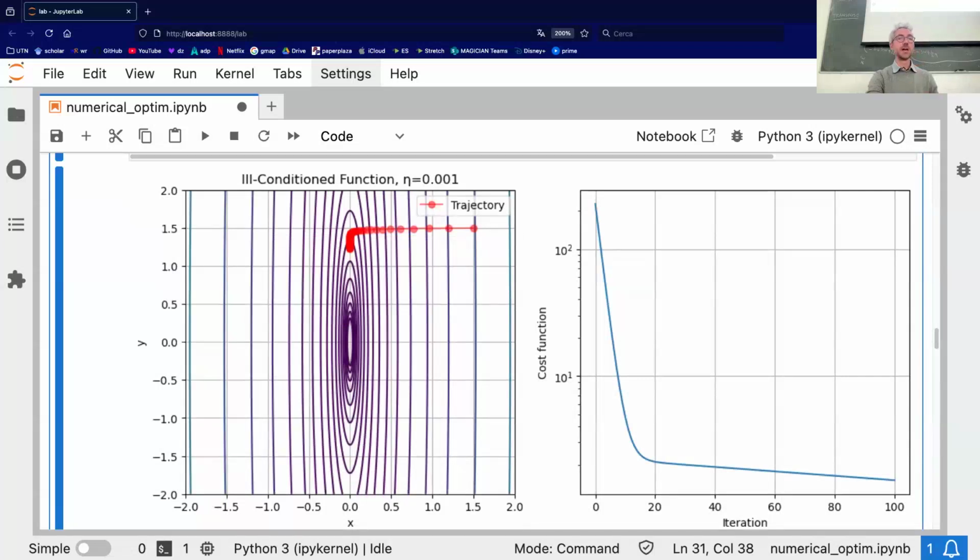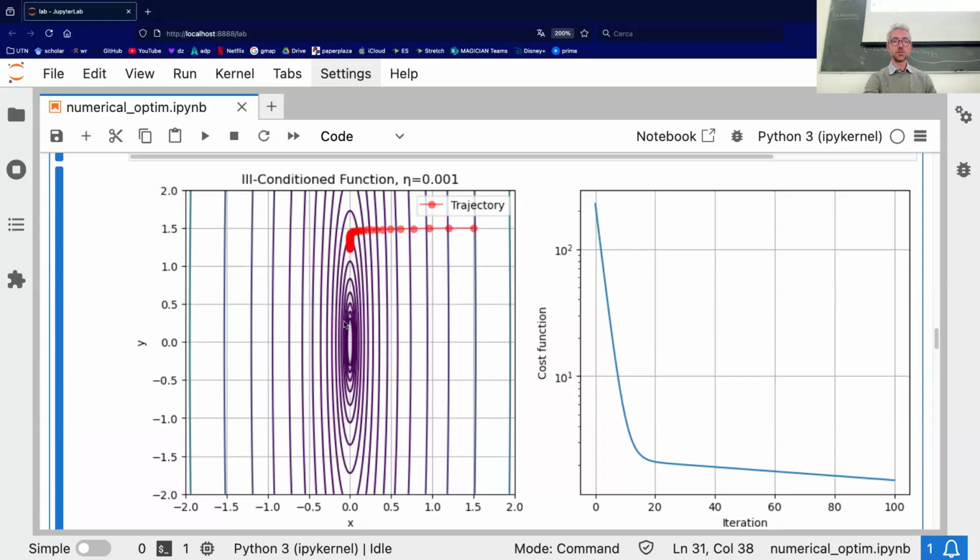So actually, to make it work, we will need to go much smaller in terms of learning rate. So now it's working better because it's not jumping from one side to the other side of the valley, but it's still making progress very slowly. It's making progress quite fast at the beginning because it's able to go from here to here, and that comes with a lot of progress in terms of value of the cost.